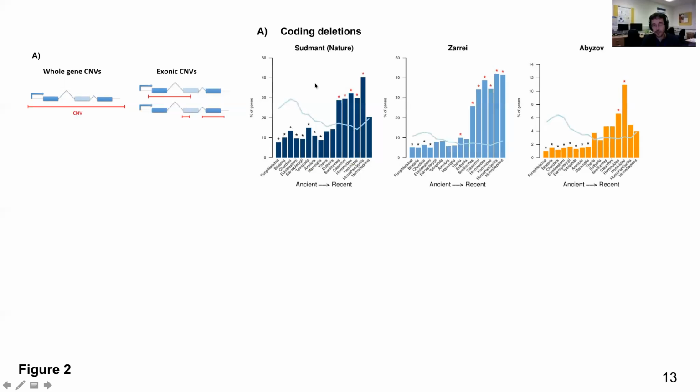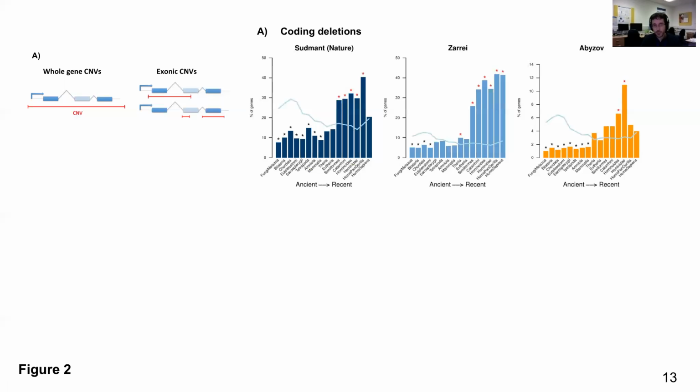While in the case of younger genes, they show a proportion that is higher than expected by chance. So similarly to what we observed in the past for CNV gains, we can see that also deletions in coding regions tend to be depleted in old genes and enriched in evolutionary young genes, where you actually expect to see more polymorphisms in general and more variability in the population.